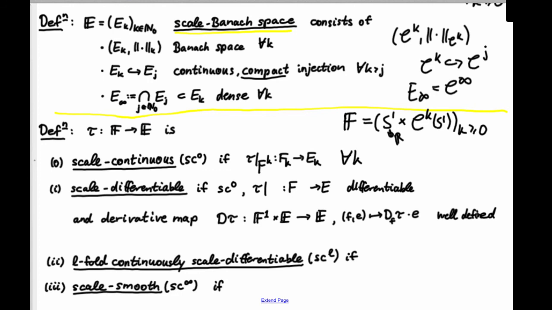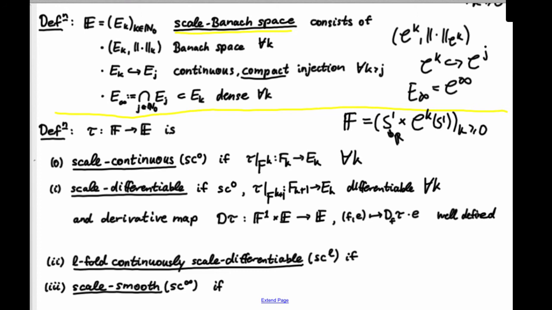I'm scale differentiable if, so I needed these two things: if I shift by 1 in the domain, I get differentiable maps, and the derivatives make sense even when I shift in F back to Ck.